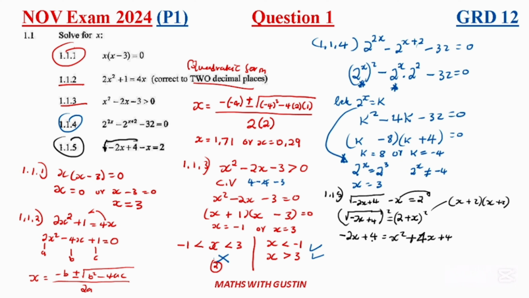So therefore, in this case, you take everything to the right hand side, so x squared will remain as x squared. Then if you take this negative 2x to that side, it's going to be plus 2x, which is going to give us 6x, and then now you're going to be left with this 4. When it goes that side, it's going to be negative 4, which is equal to 0.